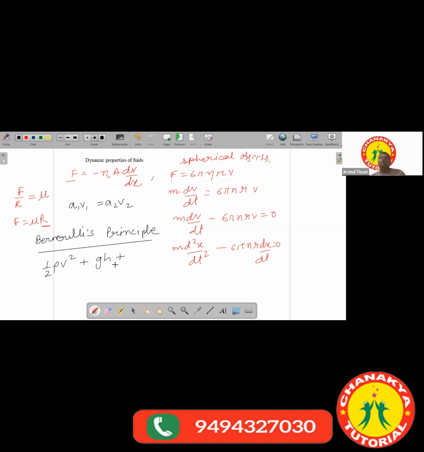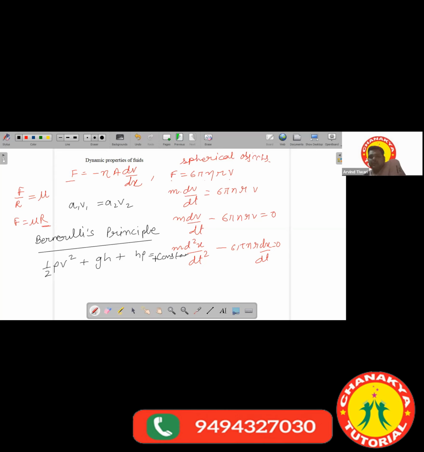So the sum of potential head, kinetic head, and the pressure head, the pressure head being just P, should be a constant.